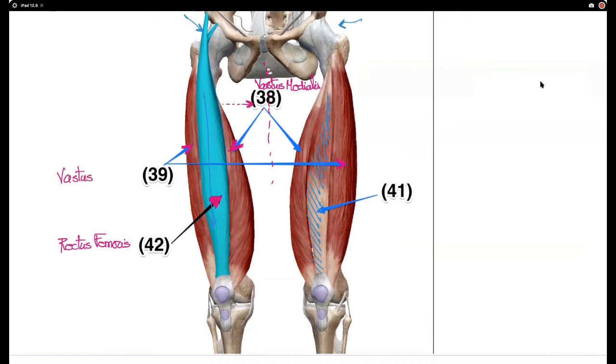And what do we call something on the outside or away from the midline? If the one towards the midline is medialis, we're going to call this one on here away from the midline, on the lateral side, it's my lateralis. So we're going to call this one my vastus lateralis.